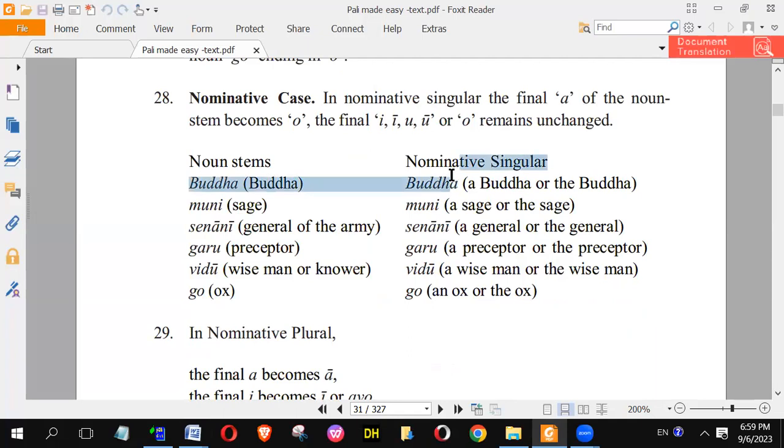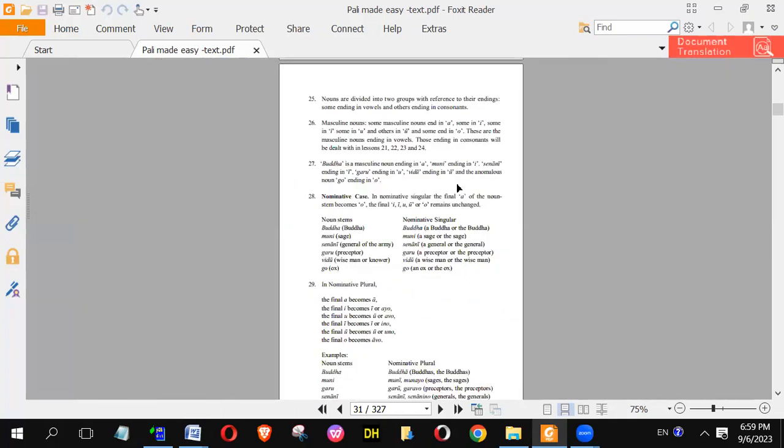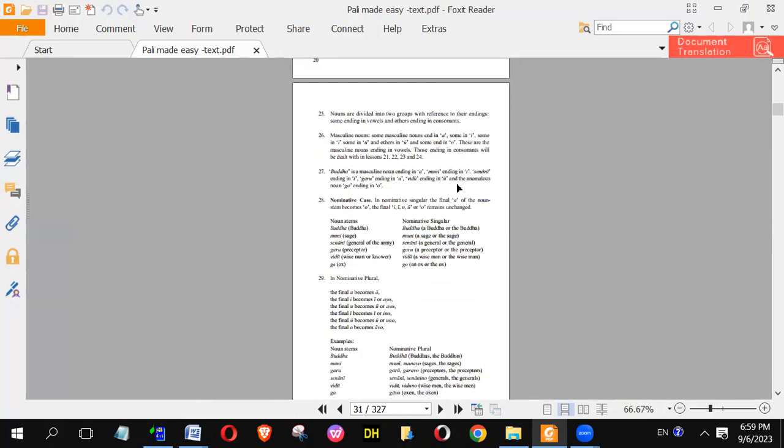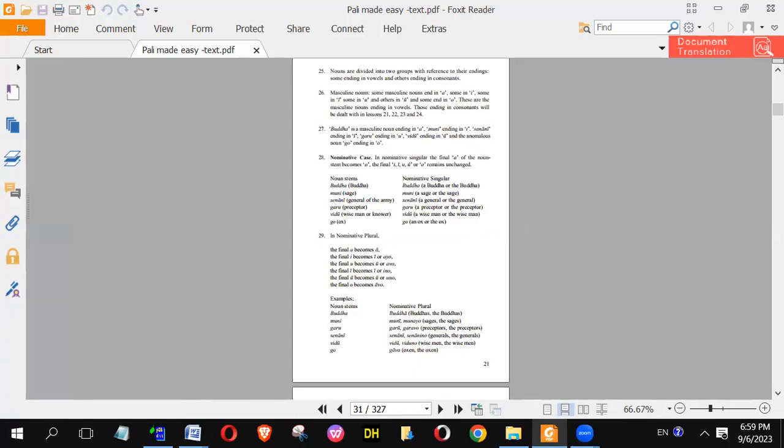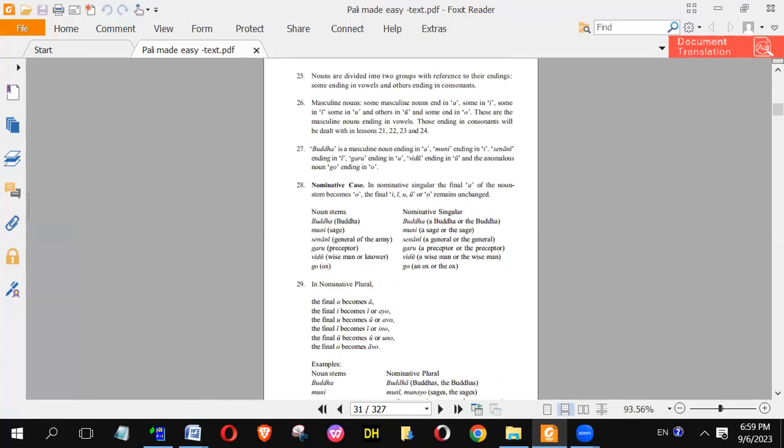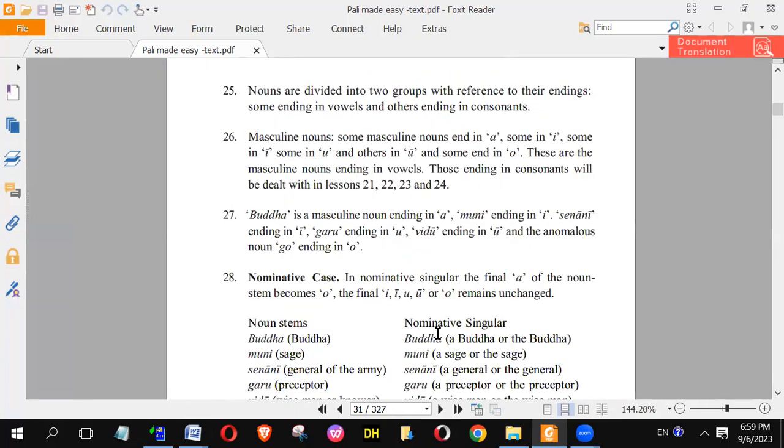This one is O, you need to change it to O in your Pali Made Easy book. Page 22, all right? Not 22, page 21, yeah. So this is the singular, Buddha, all right? So please change it yourself.